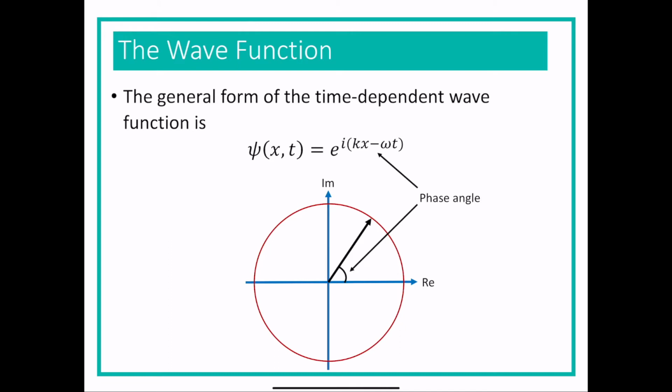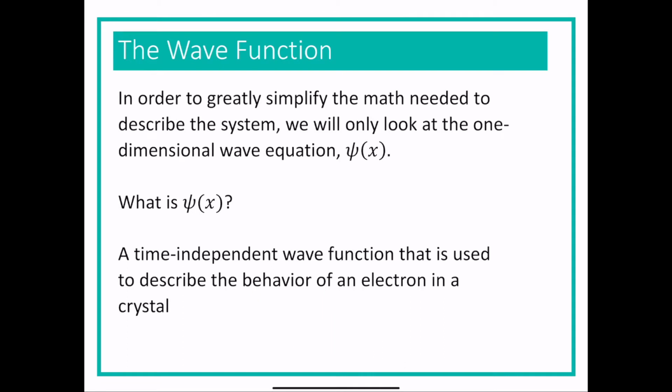So in order to make this easier, we're only going to look at the x part. If we take the derivative or the second derivative, which we will do, we're going to treat time as a constant like everything else, and just look at the place where it is.